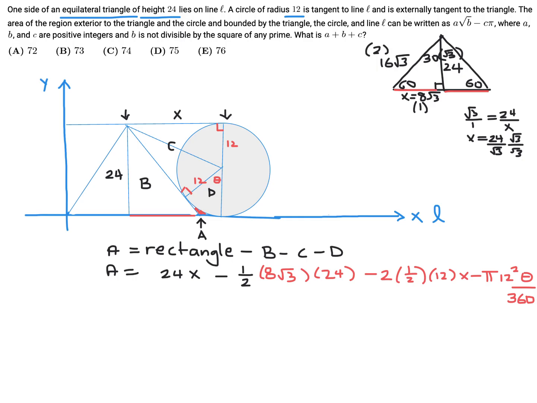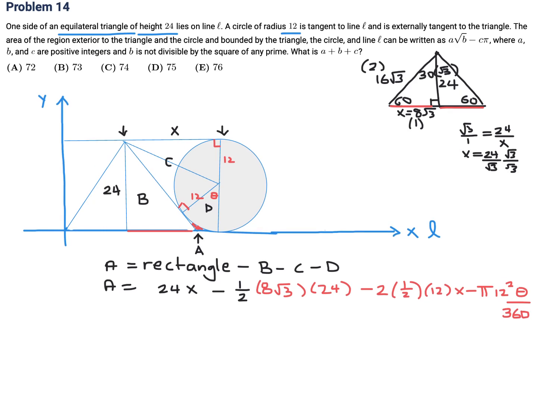And then, of course, A is, where is it in the question? Oh, here it is. That's what it's written as. So this is A root B minus C pi. Okay, let me clean this all up here on the other side. So this looks like 24x minus 12 times 8, so 96 root 3.